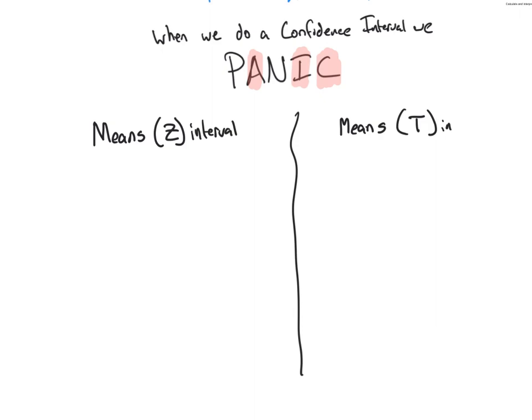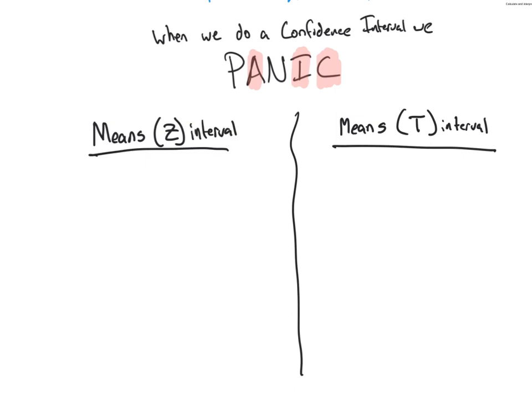Oops, that's not how you spell interval. Right, so there's two different styles of means intervals. One is a Z interval for means, and the other is a T interval for means.